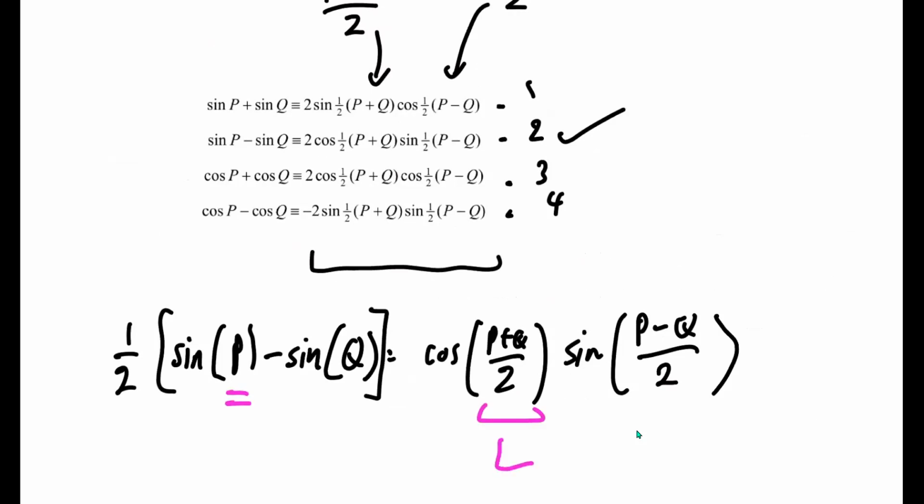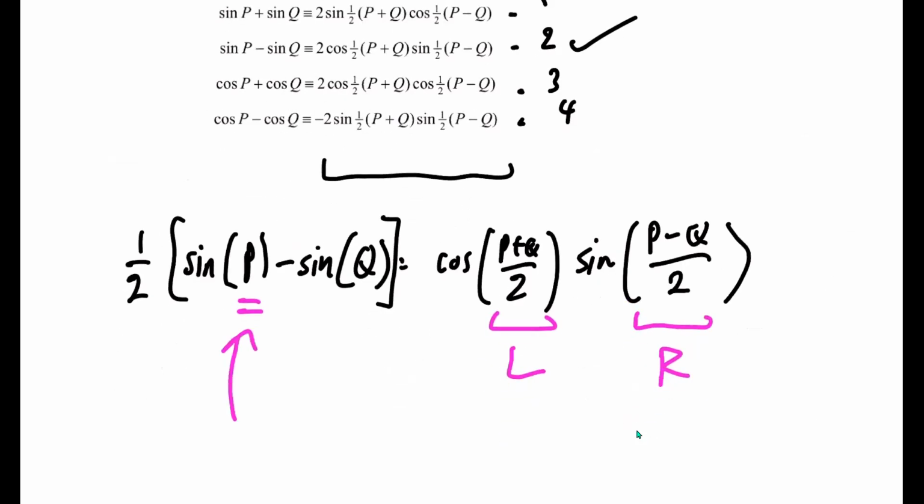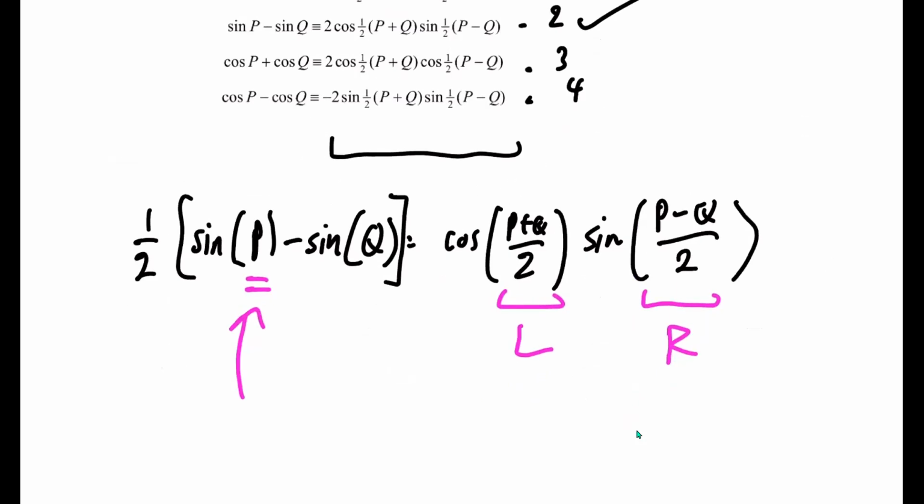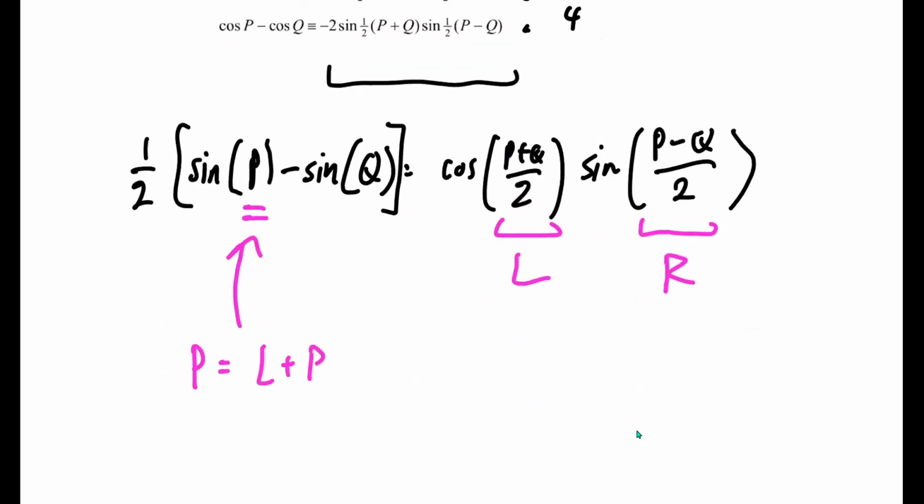If I call this guy the L and this guy the R, left and right, how do you recover p? How do you get a formula for p in terms of L and R? Isn't it just L plus R? Correct. How about q? L minus R. Very good.